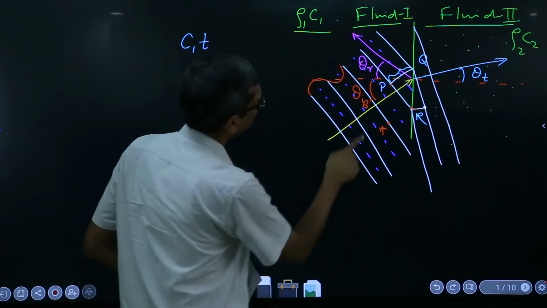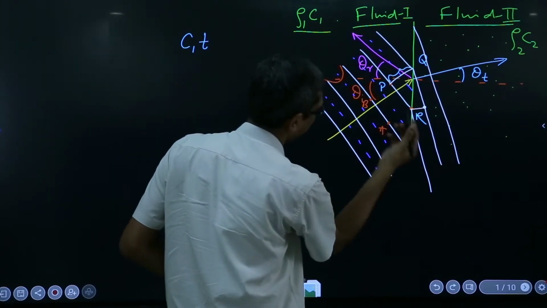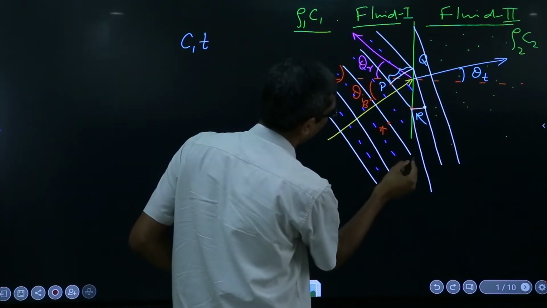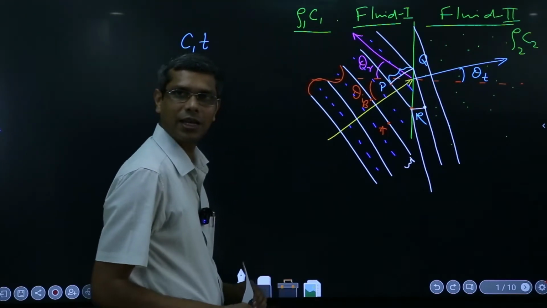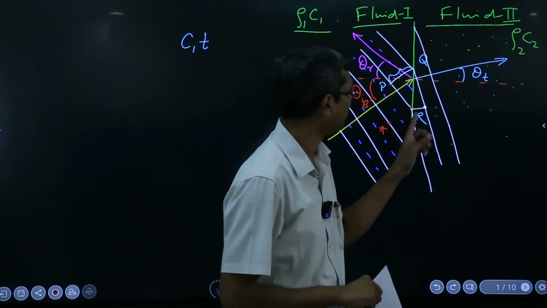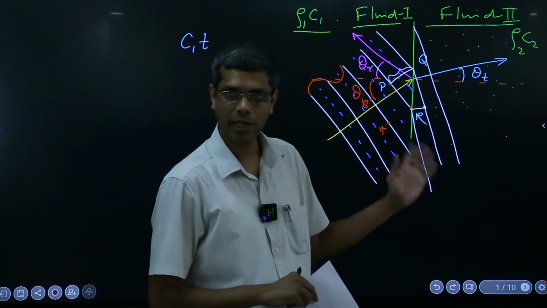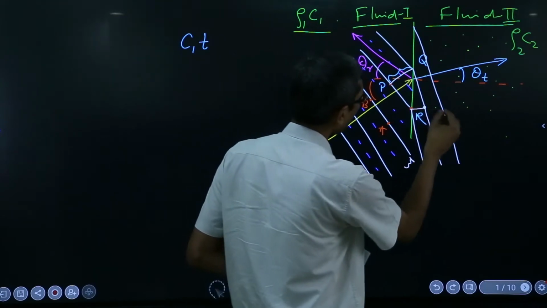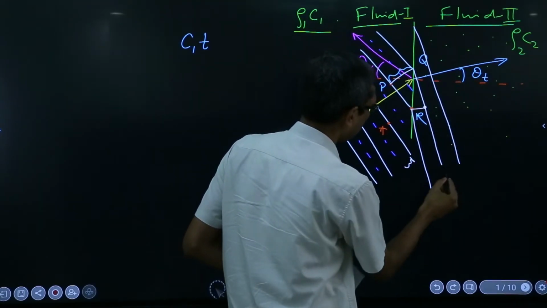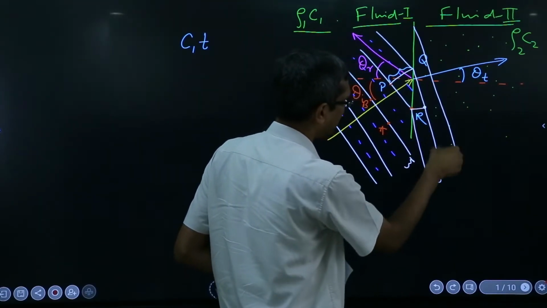Suppose this plane on which they were staying is called plane xi. Both of them will try to stay on the same plane because plane waves will remain plane waves after that. And so this also is the same plane xi.